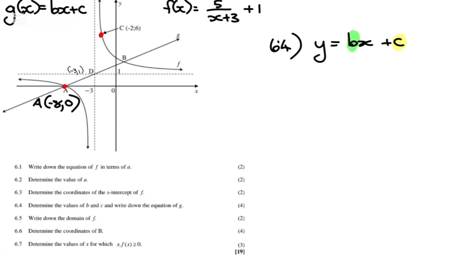Okay, so how do I find it? For a start, I need to find B. And how do I find B? By working out the gradient. Can you remember? So we'll find the gradient of which point? AD.